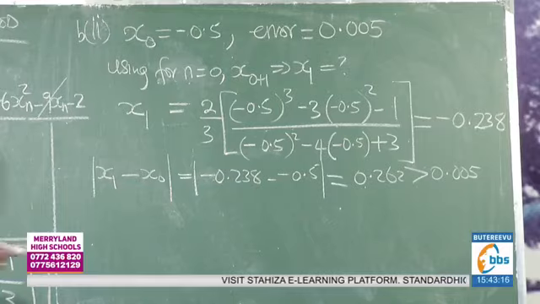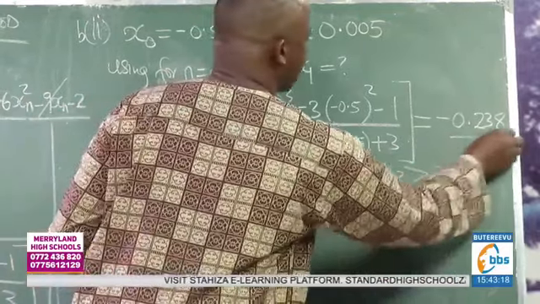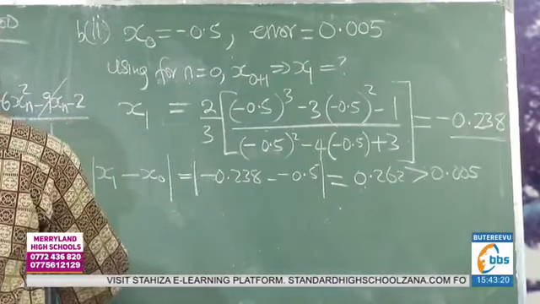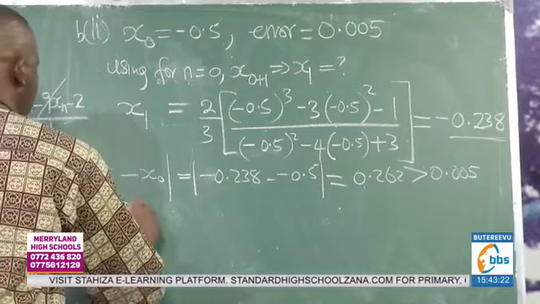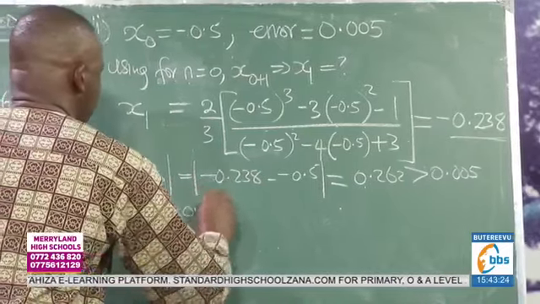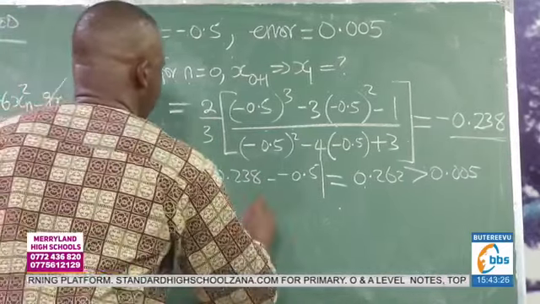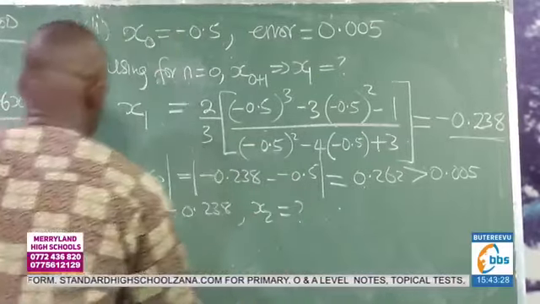So we feed in now this as our x1, using x1 as negative 0.238. We look for x2, our second approximation.